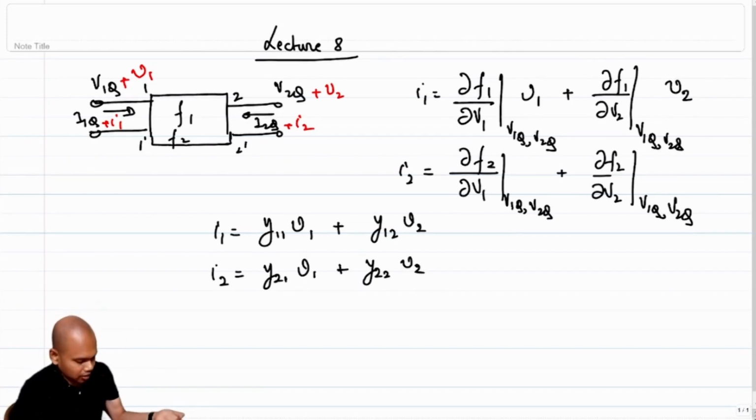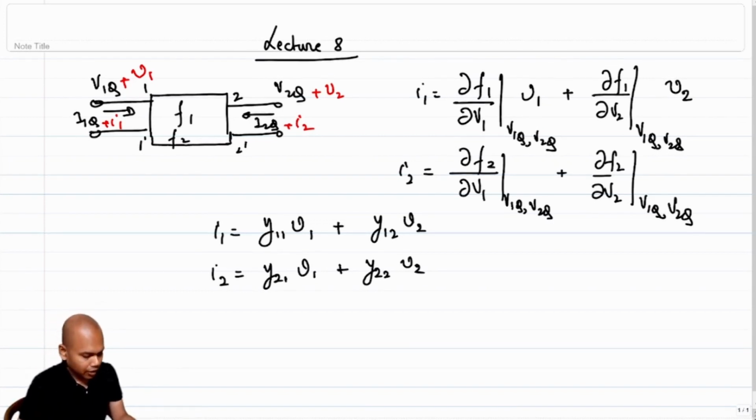And why are these called short circuit admittance parameters? It's called short circuit admittance parameters because in order to find out one of the parameters, let's say I want to find out Y11, right? Y11 is a relationship between the current at the input port and the voltage at the input port under the condition that V2 is 0, that is incrementally port 2 is short circuited.